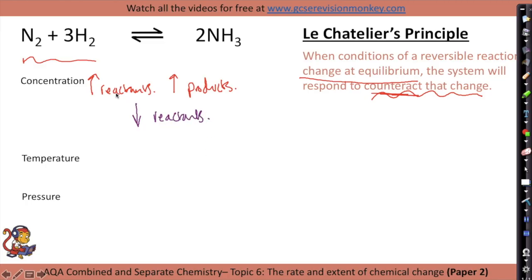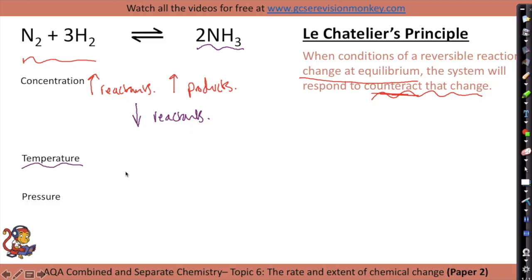So if we increase the concentration of nitrogen and hydrogen, that system is going to react by producing more ammonia, and in doing so it will decrease the concentration of the reactants again.